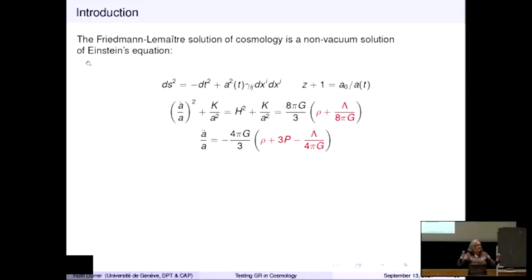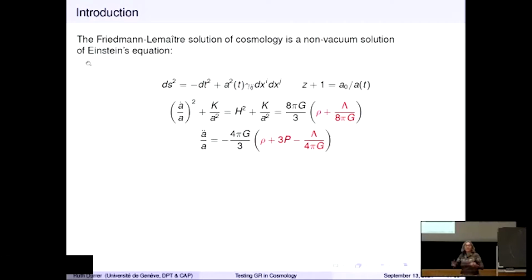What one can add to Einstein's equation, as you probably all learned in a course on general relativity, is a so-called cosmological constant. And the expansion of the scale factor also depends on this cosmological constant.